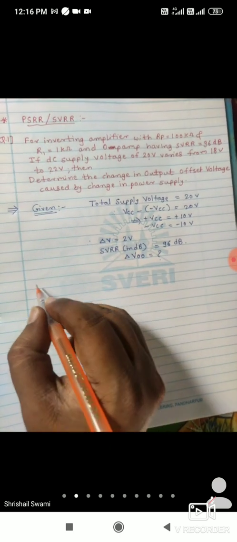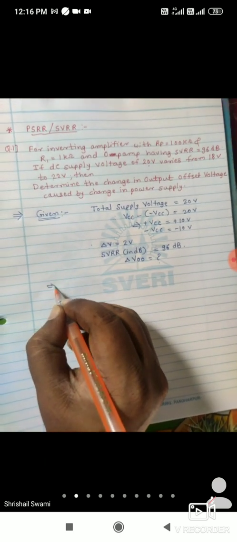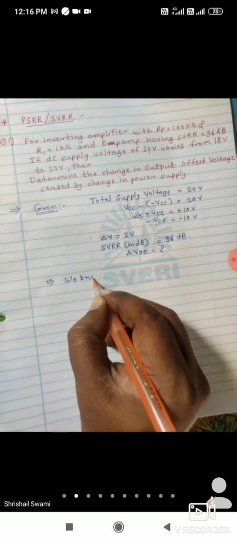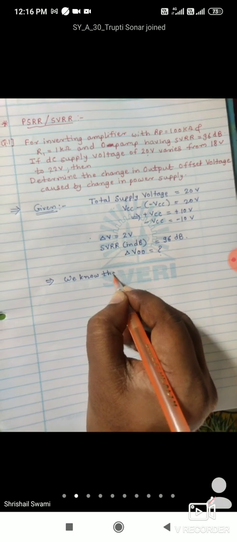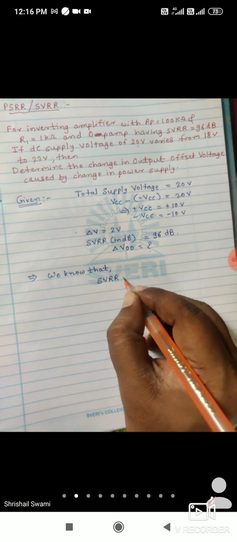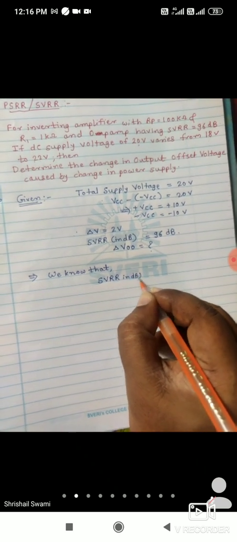Okay, now we know that the formula you can write, SVRR in dB is equal to 20 into log of base 10 of delta V divided by delta VIO.